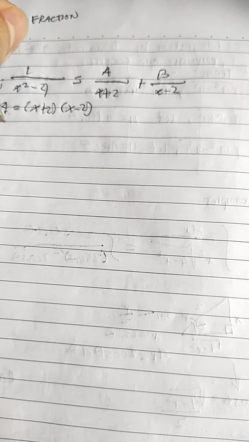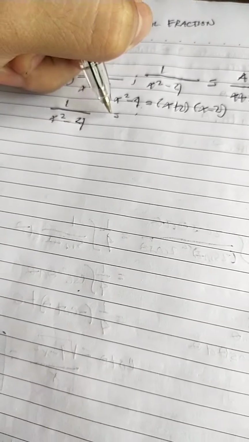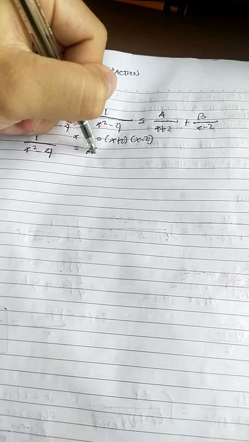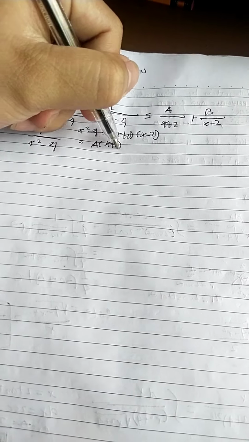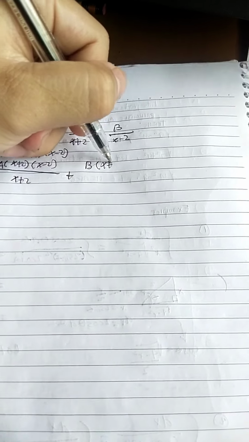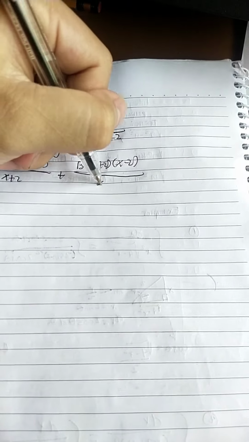So this is equal to a times x plus 2 times x minus 2 all over x plus 2, plus b times x plus 2 times x minus 2 all over x minus 2.